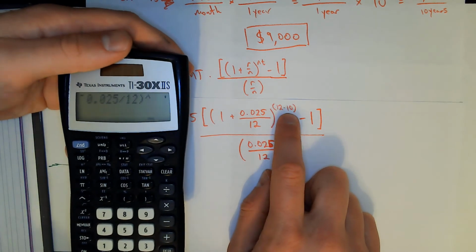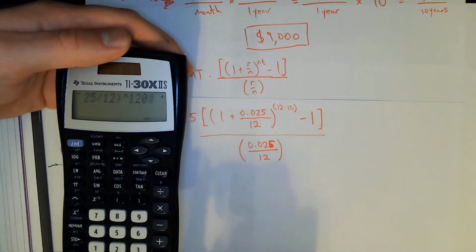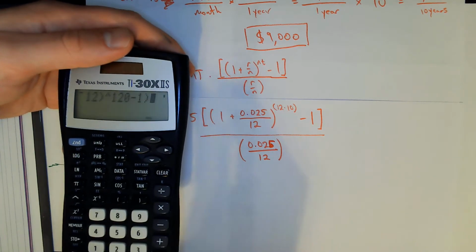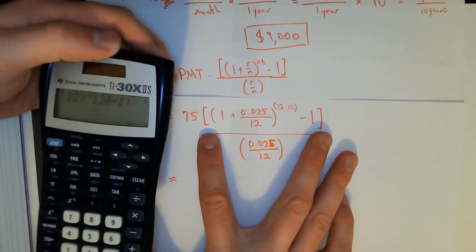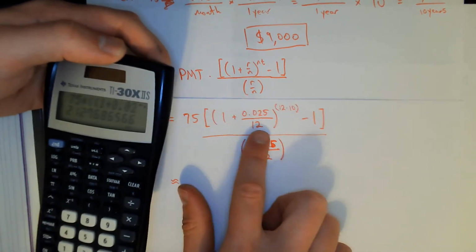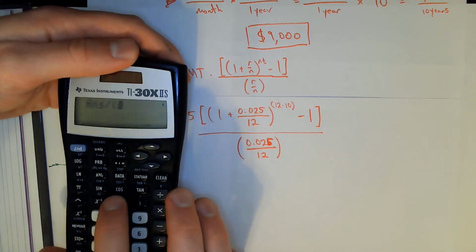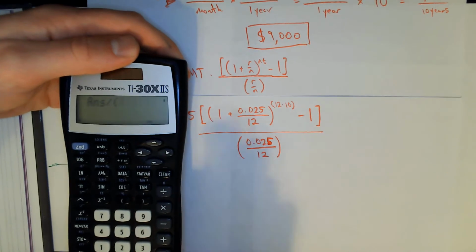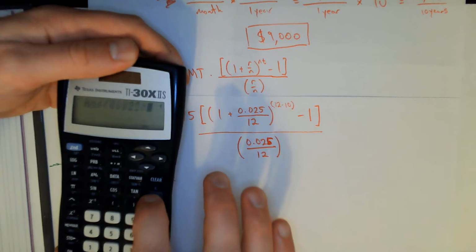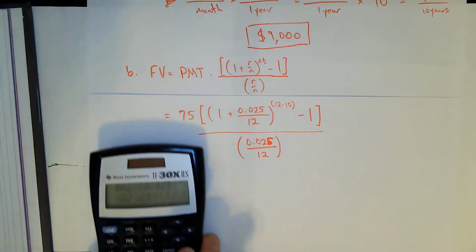I'm just going to say 12 times 10 is 120, so I'll do that in my head, so I don't need to wrap my exponent in parentheses because it's not written as a product. Then minus 1. Now I'll close that second set of parentheses, and then I can hit equals. That's what this whole numerator would be with the 75 included. And now I'm going to divide. When I divide here, I need to open parentheses and wrap this in parentheses, so 0.025 divided by 12, close that parentheses, equals, there it is.